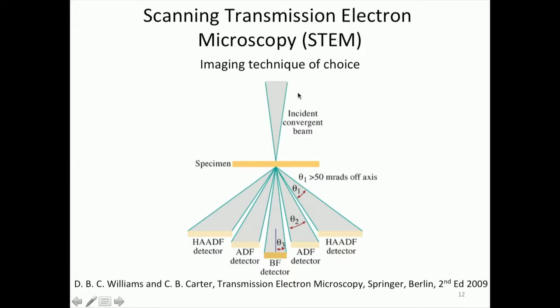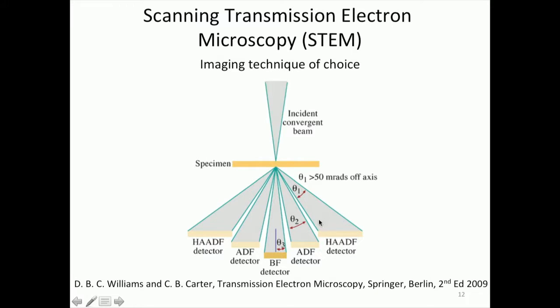How it works is that you have a convergent focused beam on the sample, and then the electron can go through without scattering or with small angle scattering, or the electron could suffer elastic high-angle scattering over here, at around the angle theta 1.